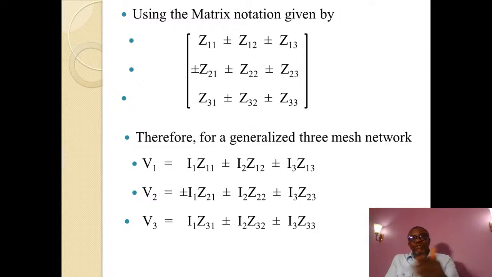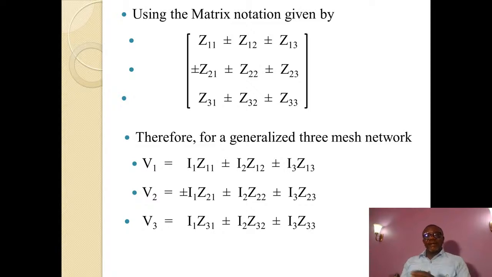So if we use the matrix notation, you see that what we have there is like Z11 plus or minus Z12 plus or minus Z13, then plus or minus Z21 plus or minus Z22 plus or minus Z23, then Z31, Z32, Z33. This is matrix notation.